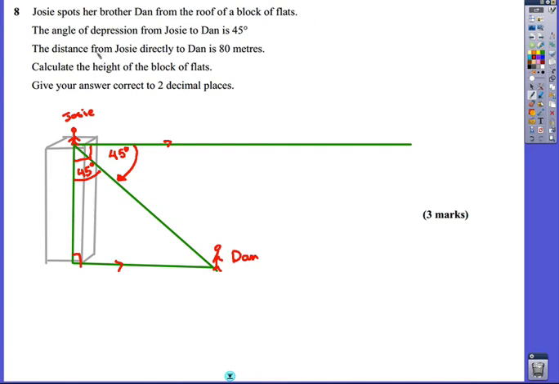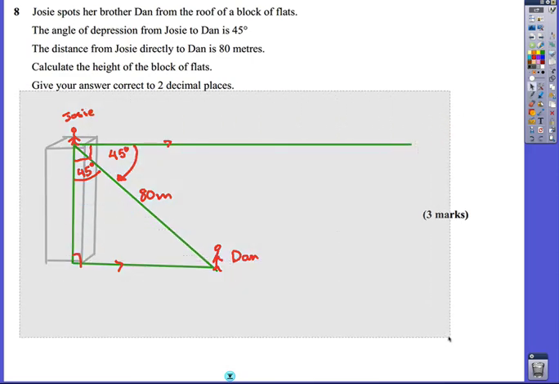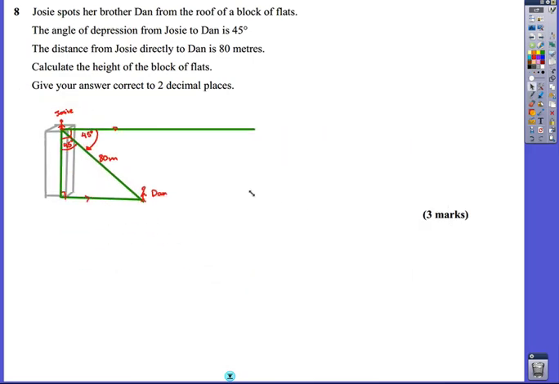And going to the question again, the distance from Josie directly to Dan is 80 meters. Okay. This sketch, I'm going to make it a little bit simpler for us to see.